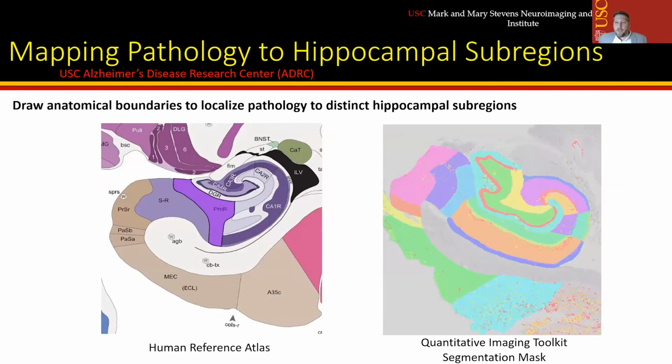To map this pathology within specific hippocampal subregions, we also used a software program developed by our collaborators in the USC Stevens Neuroimaging and Informatics Institute called the Quantitative Imaging Toolkit to manually draw the anatomical boundaries of the hippocampus subregions. Ultimately, this segmentation mask allows us to localize the different types of pathology identified by the machine learning algorithm into these color-coded hippocampal subregions and provide a quantification of the pathology that was not previously possible.